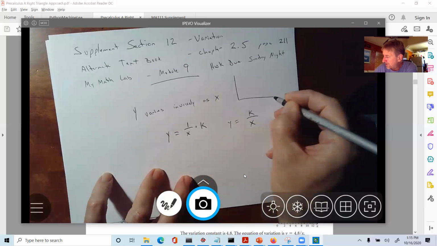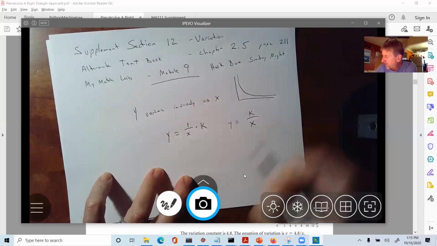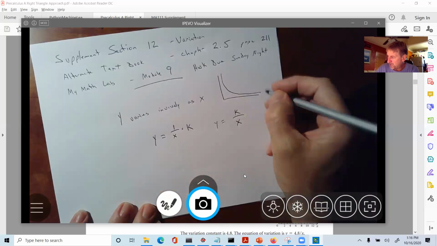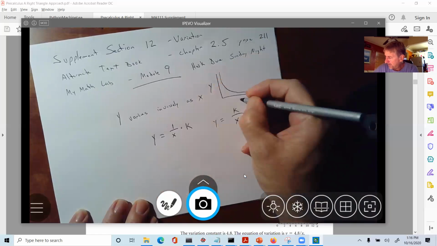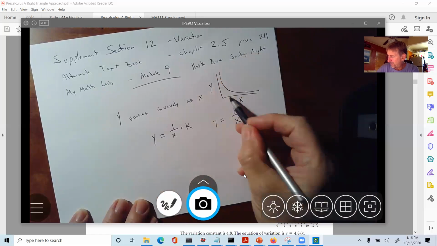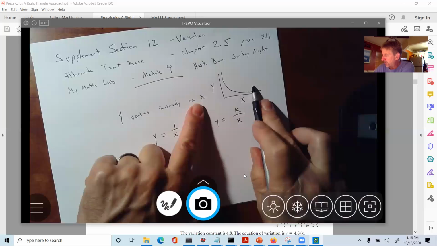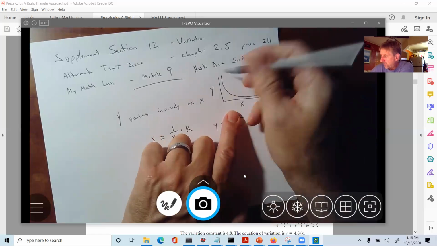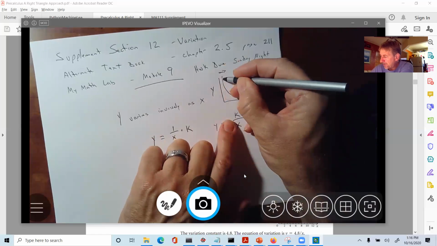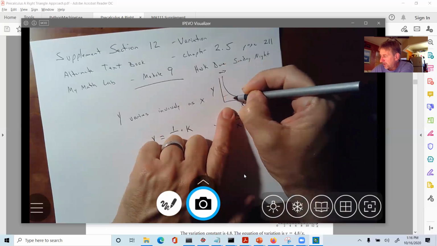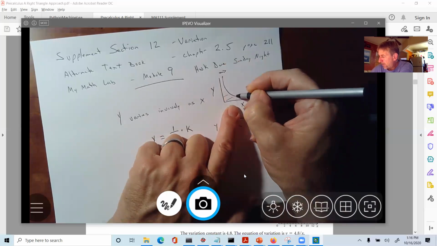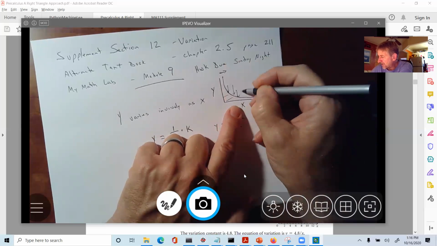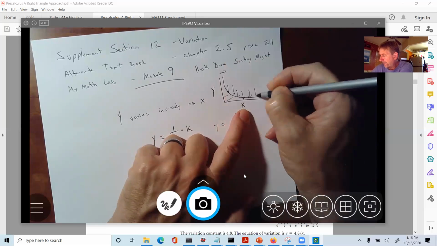And usually you see this as a type of hyperbola, where this is the inverse relationship as y varies inversely with x. So as x is getting bigger, y gets smaller down this graph. If I go this way on my graph, it doesn't look like I'm changing my x, but x is getting a little bit bigger each time, and my y value is descending each time. As x gets bigger, my y is getting smaller.